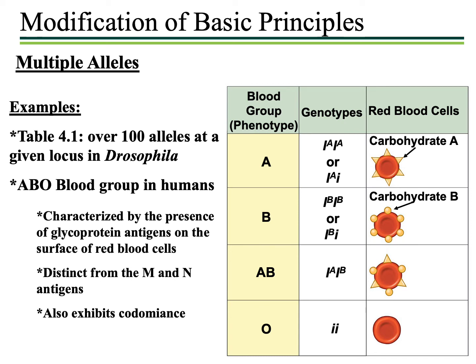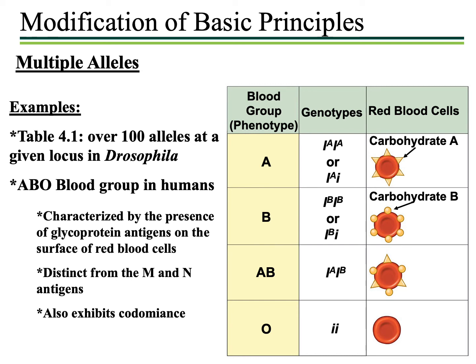Individuals that are heterozygous BO also express the B form of the protein. Individuals in the next row that have blood type AB are heterozygous, and this is another example of codominance. Both the A form and the B form are expressed; both types of proteins are found on the surface of these individuals' red blood cells.